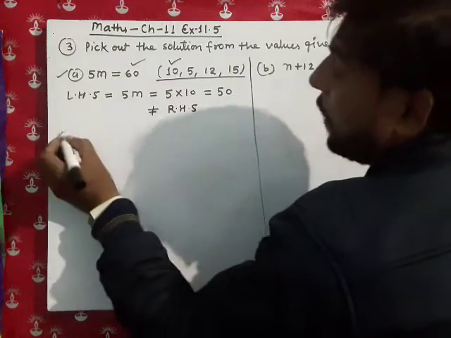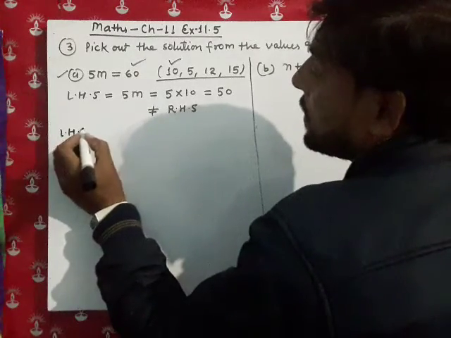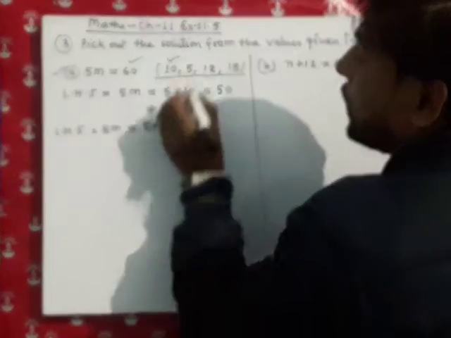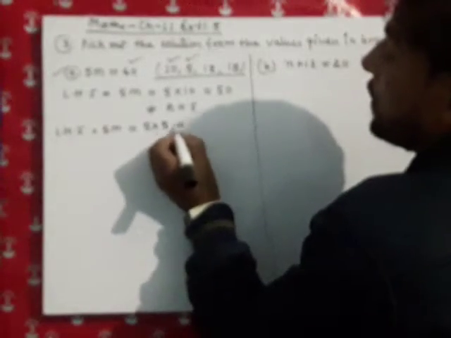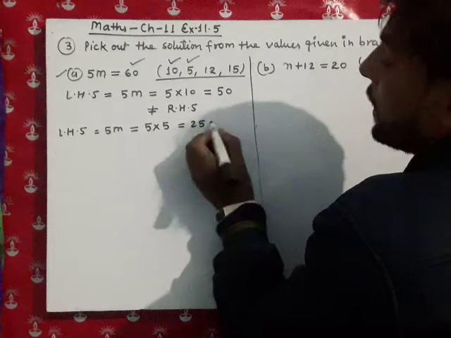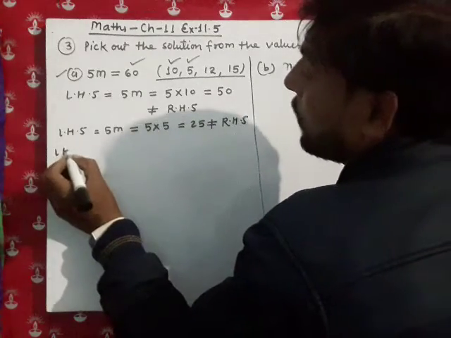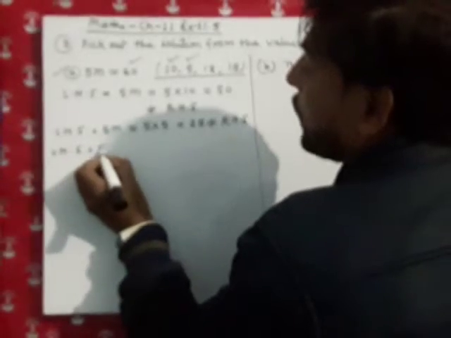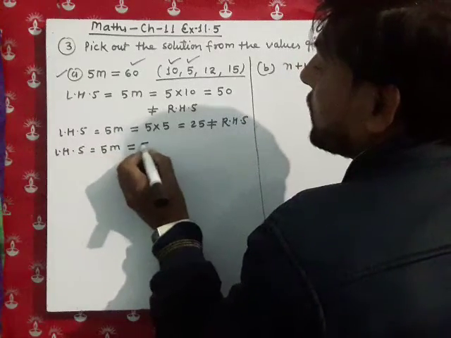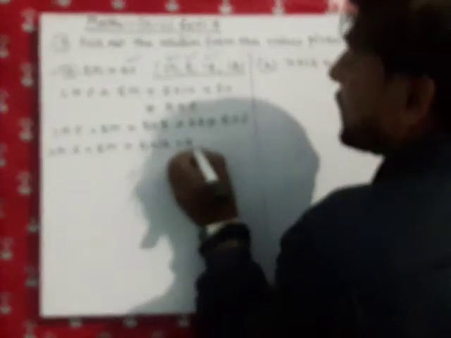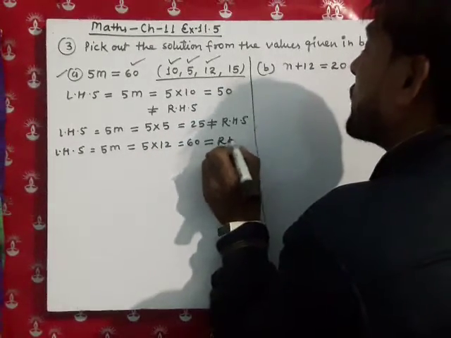Now again we write the LHS, that is 5m, equals 5 into the second value, that is 5. So it will be 25, again not equal to the RHS. Now write down the LHS, 5m, and we place the value of m, which is 12. So 12 fives are 60, that is equal to the RHS.